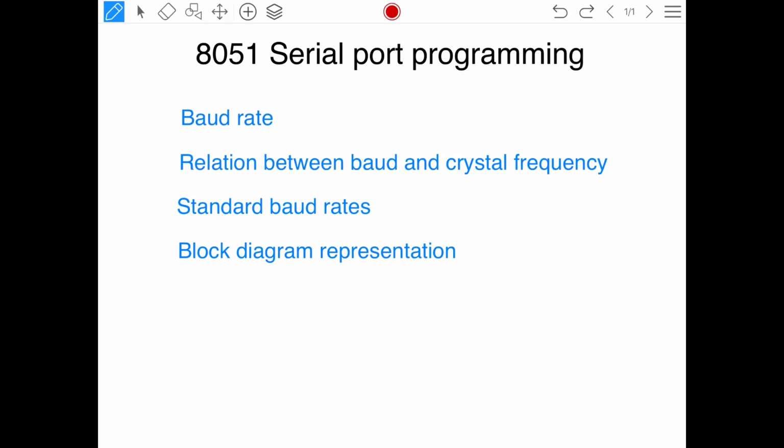Now first of all, let us understand what we mean by a baud rate. Baud rate is a standard followed in all computer systems.